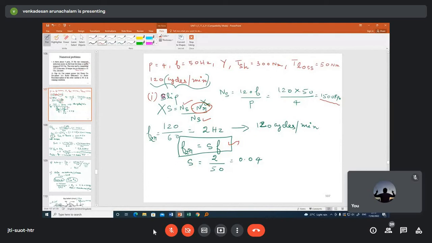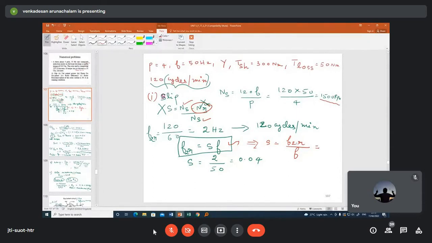because the rotor frequency they have given. The rotor frequency is 120 cycles per minute, and we know the equation that rotor frequency is equal to slip times stator frequency. So from this formula I can write slip is equal to rotor frequency by stator frequency.